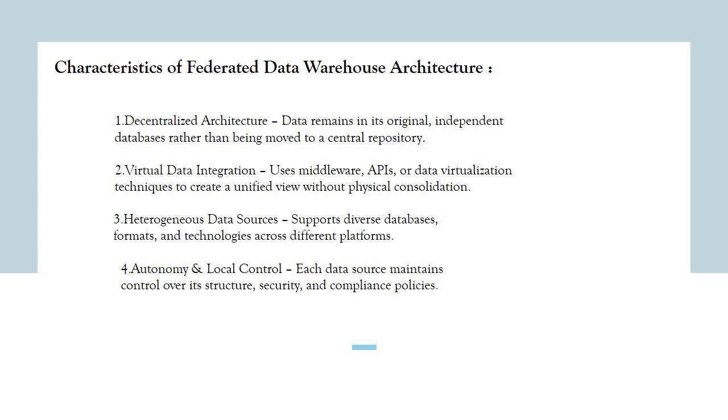Second, virtual data integration uses middleware, APIs, or data virtualization techniques to create a unified view without physical consolidation. And third, heterogeneous data sources: it supports diverse database formats and technologies across different platforms.